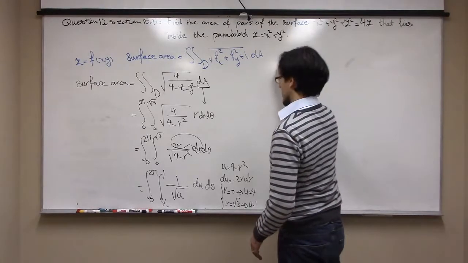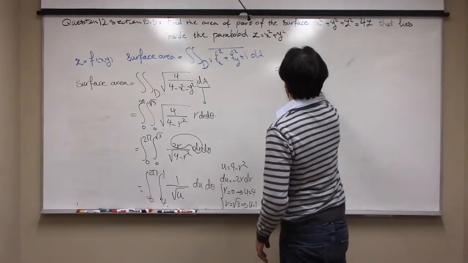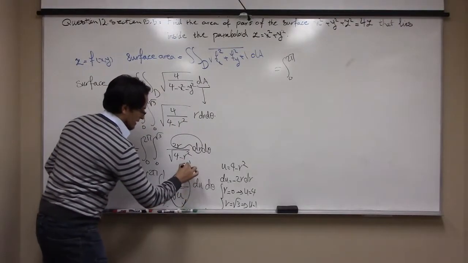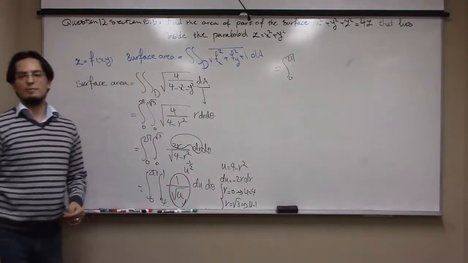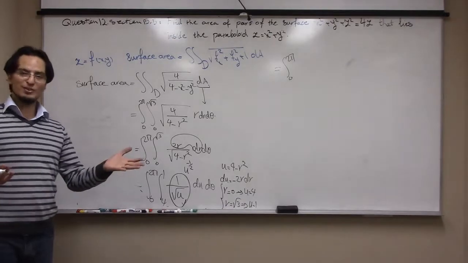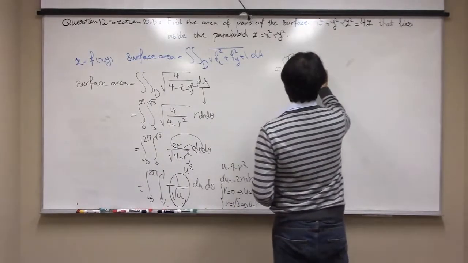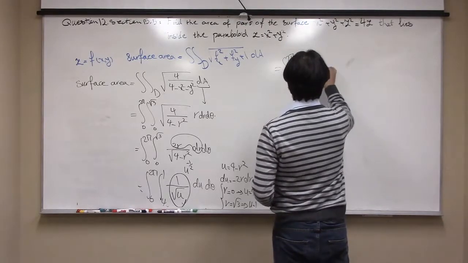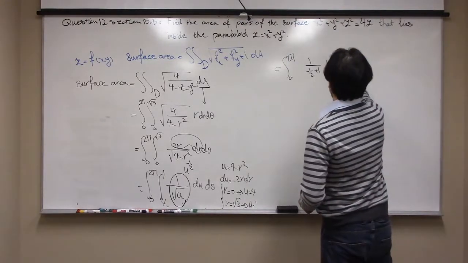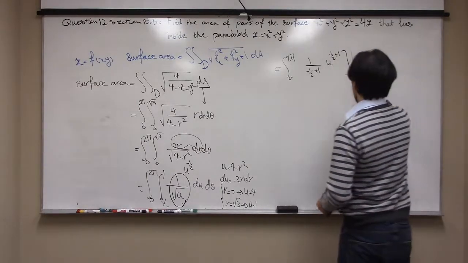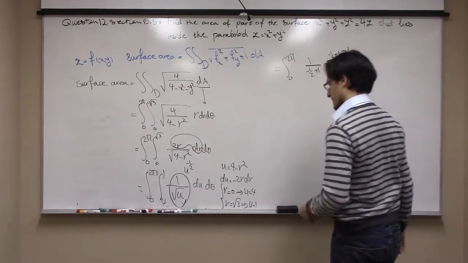Okay, now I have this integral to evaluate, 0 to 2 pi. You guys can easily see that this is u to the power negative half. Use the power rule for integration and you will get 1 over negative half plus 1, u to the power negative half plus 1, going from 4 to 1.